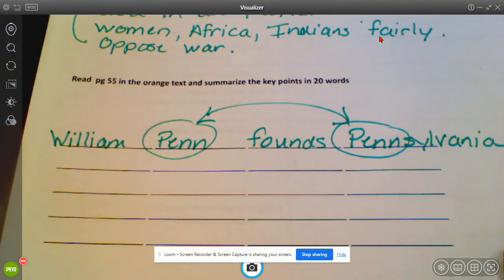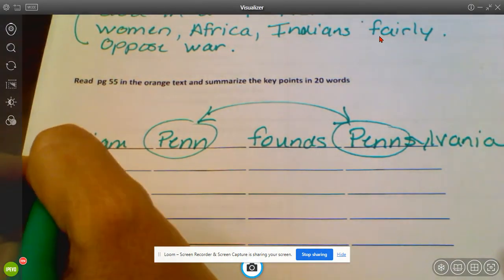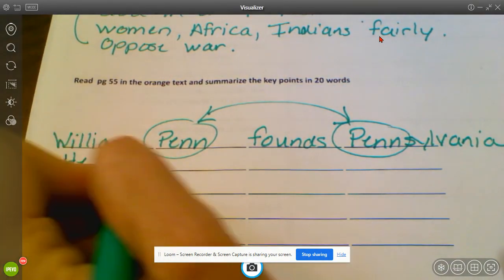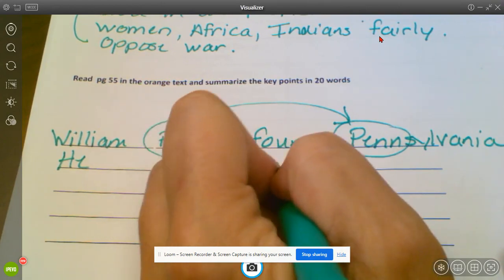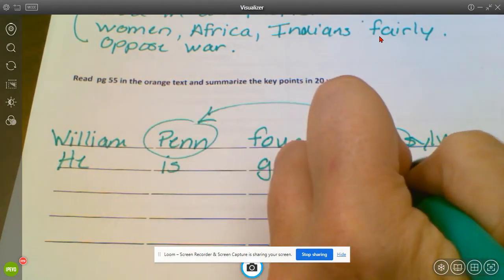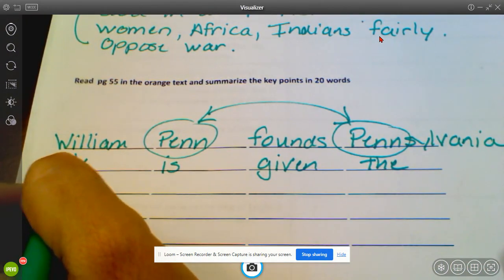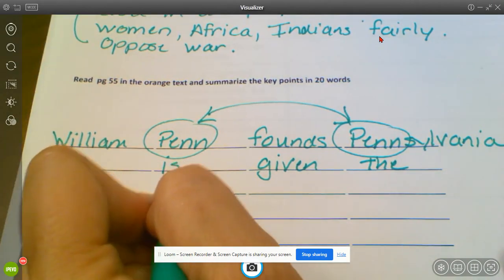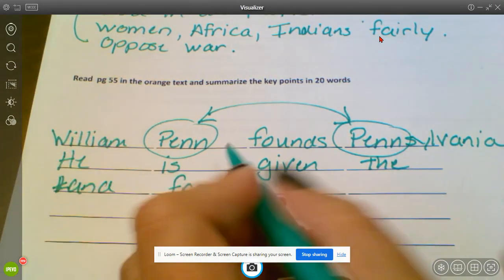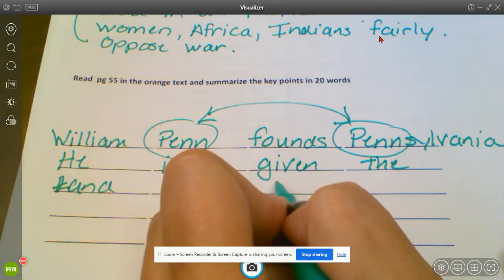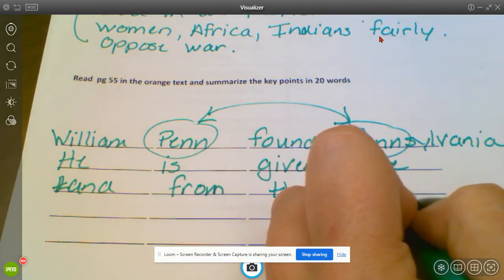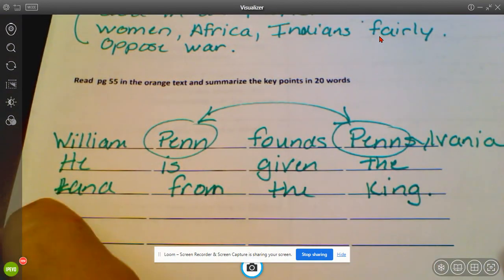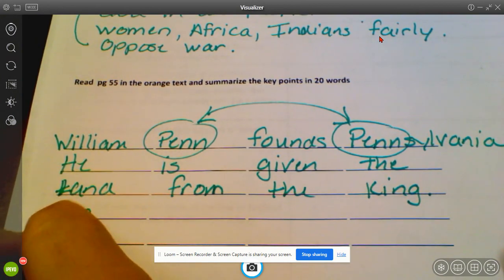Pennsylvania means Penn's Woods, if we translate it, right? He is given the land from the king. So this is going to be a proprietary colony. Right? Penn is a Quaker.